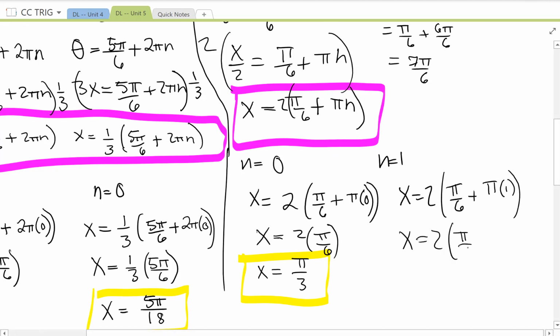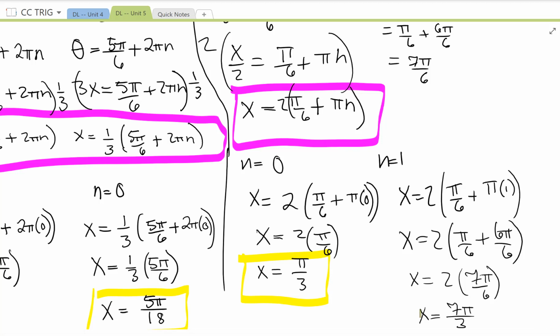Well, that would be 6 pi over 6. So we're multiplying 2 by 7 pi over 6, which gives you 7 pi over 3. All right, there's another angle.